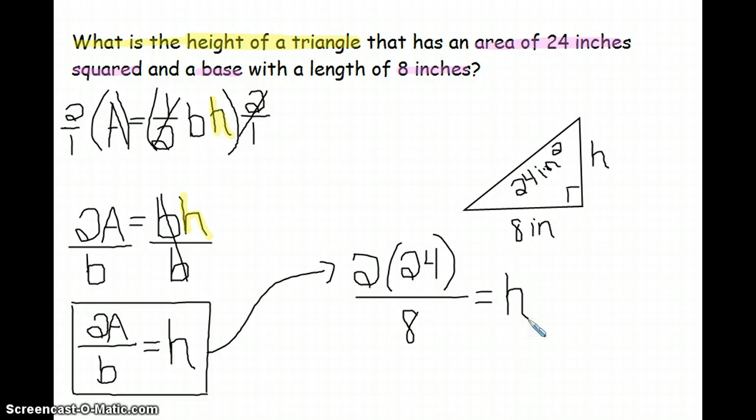So now I can type this in my calculator. I can simplify this, but if you're using your calculator, you have to be very, very careful. If you type this in your calculator, 2 times 24 divided by 8, in any calculator, you are going to get the wrong answer because your calculator, well, in this case you may not, but just as a heads up, your calculator follows order of operations. And if you don't make sure your calculator understands what's the numerator and what's the denominator, in many cases it will give you the wrong answer.